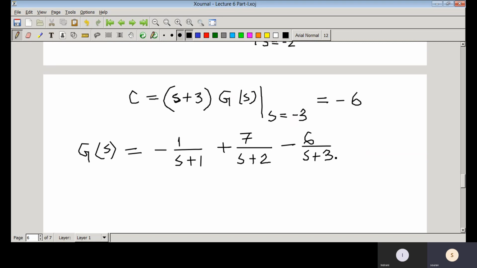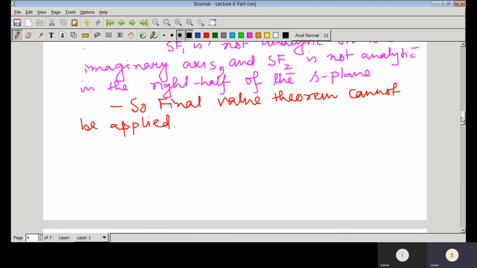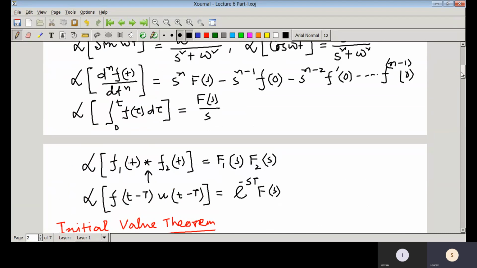Once it is written in partial fraction form, you can directly apply the inverse Laplace transform, and you can use the table or the formulas that we have written at the very beginning.